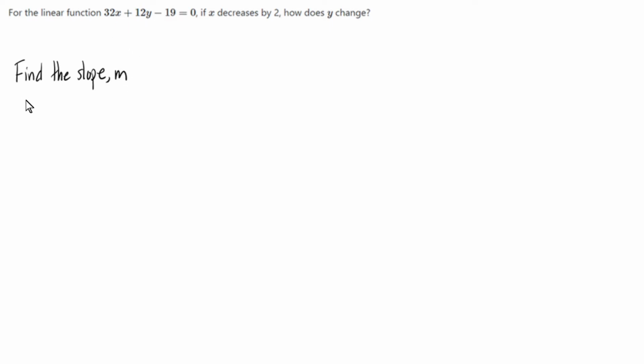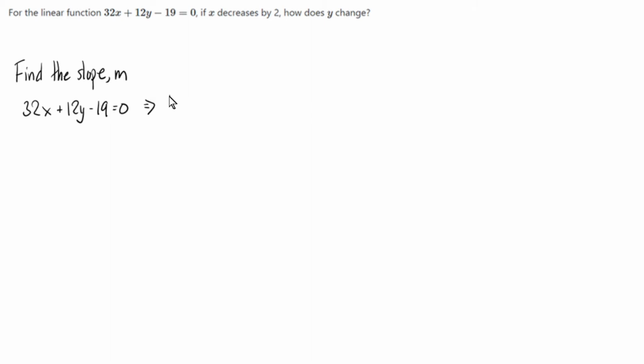So we're just going to rewrite this. 32x plus 12y, sorry, minus 12y minus 19 equals 0. We're going to rewrite this in slope y-intercept form.